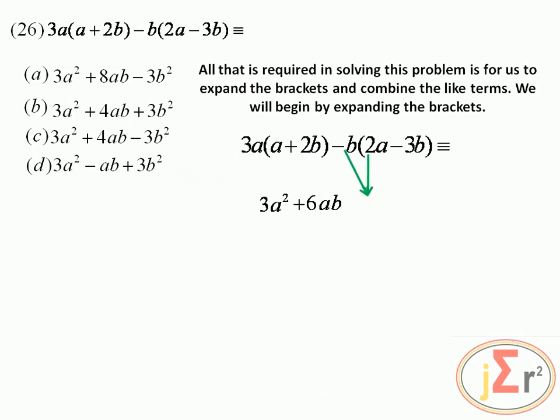Negative b now multiplied by 2a is a negative 2ab, and we will finish up with negative b multiplied by a negative 3b. Negative multiplied by negative is positive. We have a positive 3b squared.